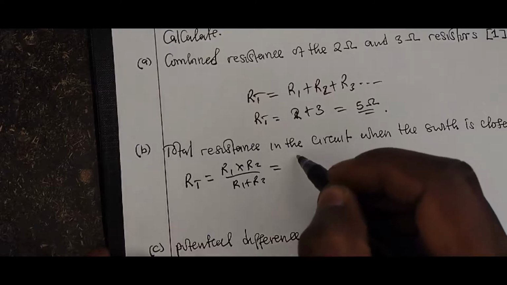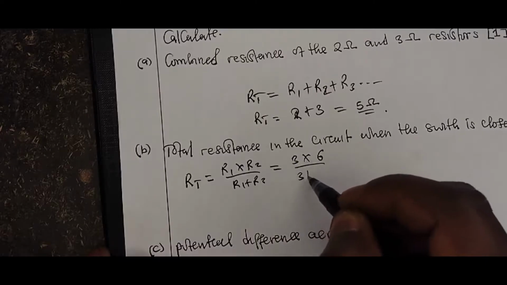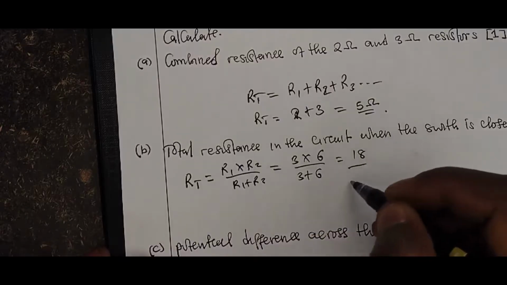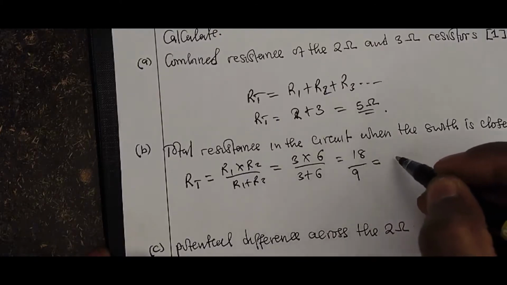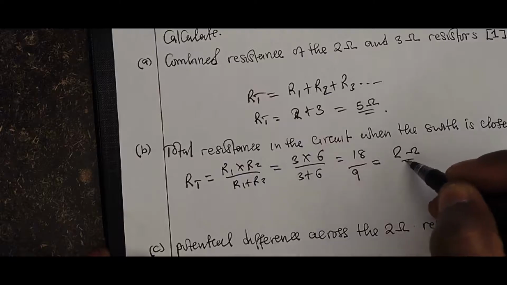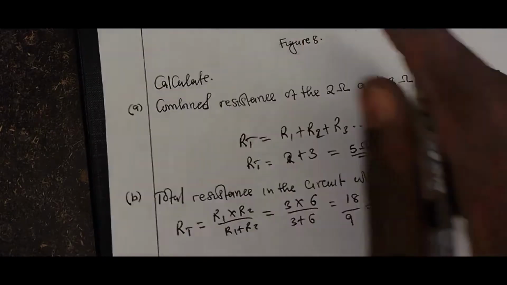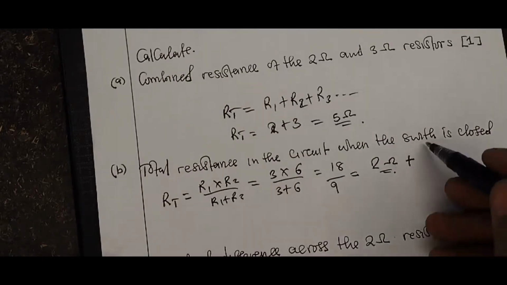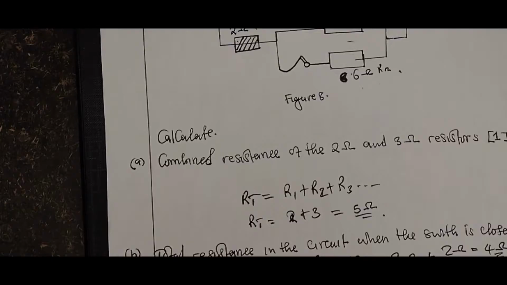Let us put 3 multiplied by 6 divided by 3 plus 6. 3 multiplied by 6 is 18, and this is 9. So therefore, the total resistance for those two is 2 ohms, plus the 2 ohms that is in series. If you add the 2 ohms, we are going to have 4 ohms as the total resistance.